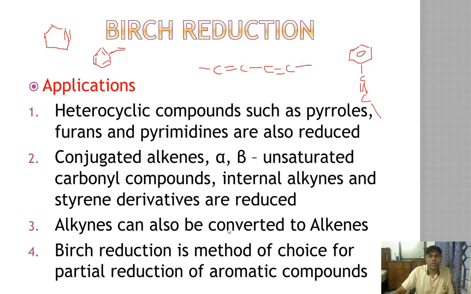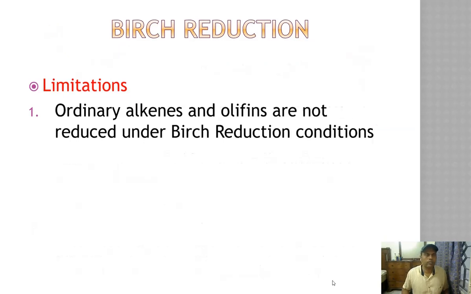Birch reduction is the method of choice for partial reduction of aromatic compounds. You know the Birch reduction will do the partial reduction. So it is the method of choice for partial reduction in case of all aromatic compounds. So that was the application. Next is the limitation. Ordinary alkenes and olefins are not reduced under Birch reduction.